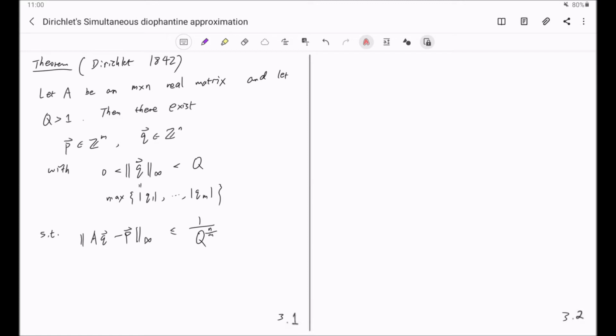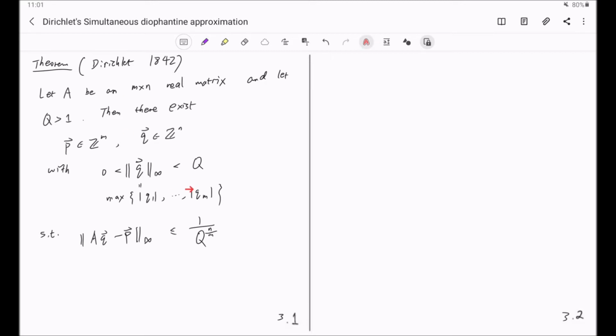In the original form of Dirichlet's simultaneous Diophantine approximation theorem, this Q was an integer, and he used a different method. And Minkowski was able to prove it for any real number greater than 1, not just an integer, by using his linear form theorem, which is a corollary of the convex body theorem.